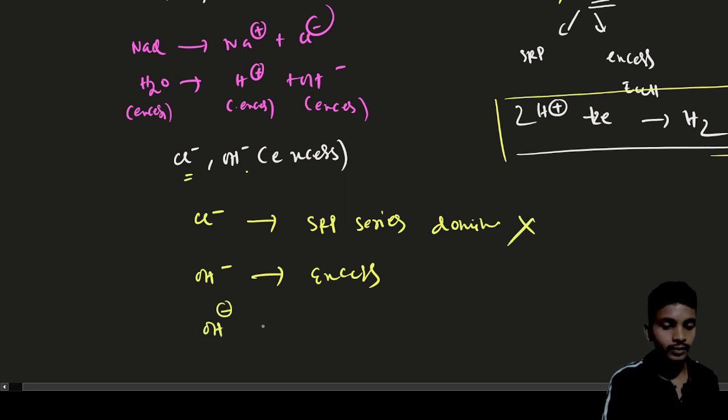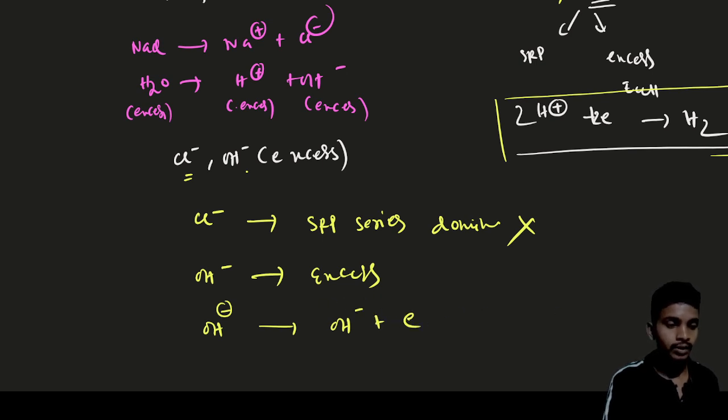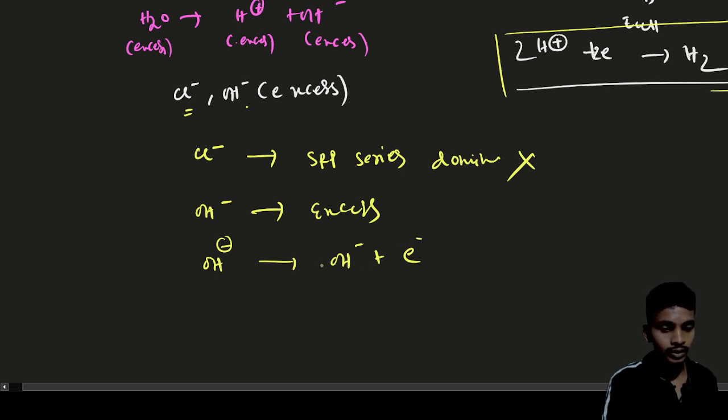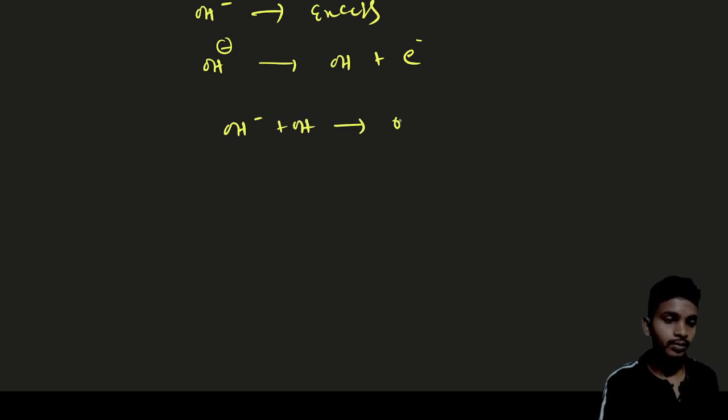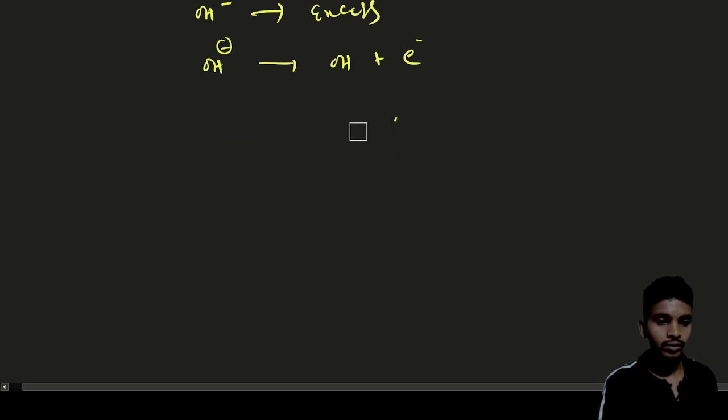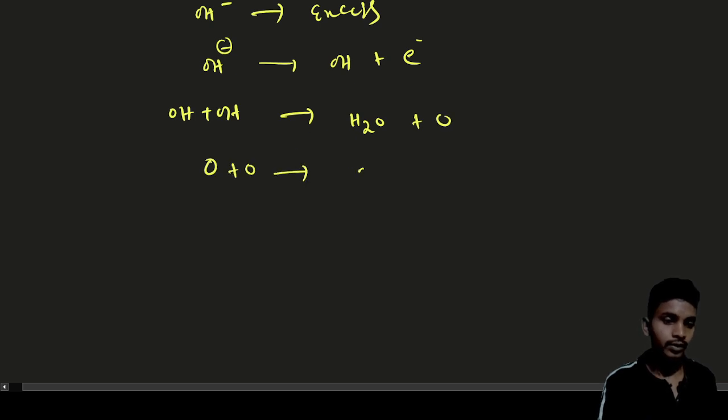It will lose electrons. But OH does not exist on its own, so we can write it this way: OH minus plus OH minus, and OH plus OH is going to give water plus O, and O plus O is going to give O2.